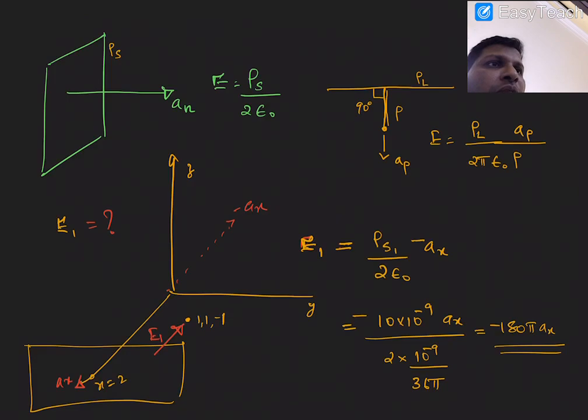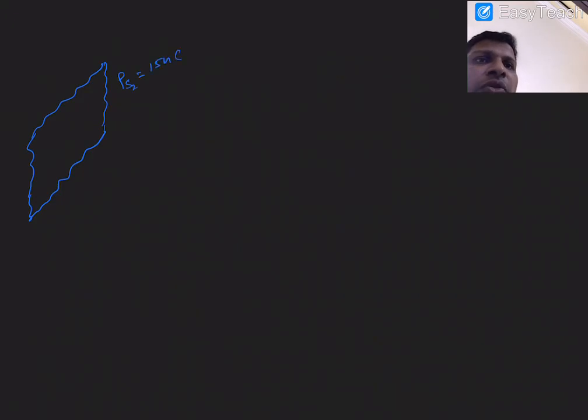Now we will see the electric field due to the plate number 2. I used the blue color for plate number 2, so I will use the same color. It has a charge density of 15 nanocoulomb per meter square. The plate number 2 is at y equal to -2.